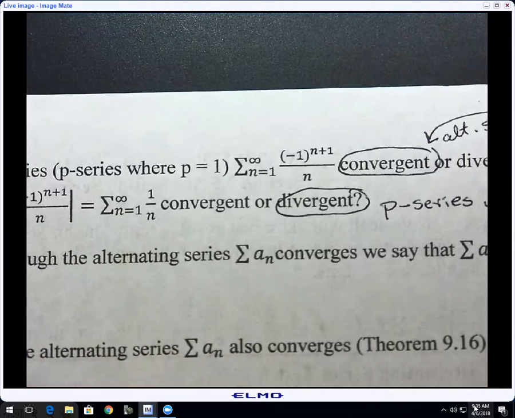So here's proof of what we were saying on the previous page. Just because the alternating series converges, that doesn't tell us that the basic non-alternating series converges. As a matter of fact, this alternating series converged, but its absolute value diverged. When that happens, we say the alternating series is conditionally convergent.